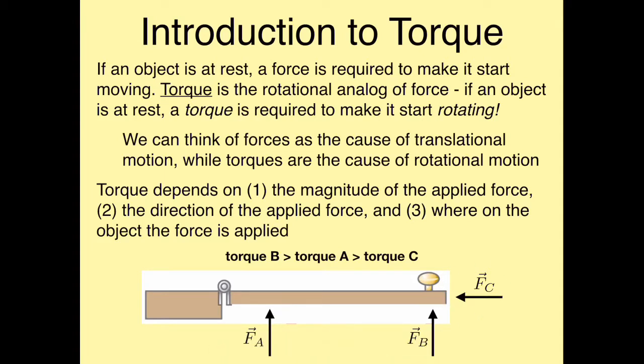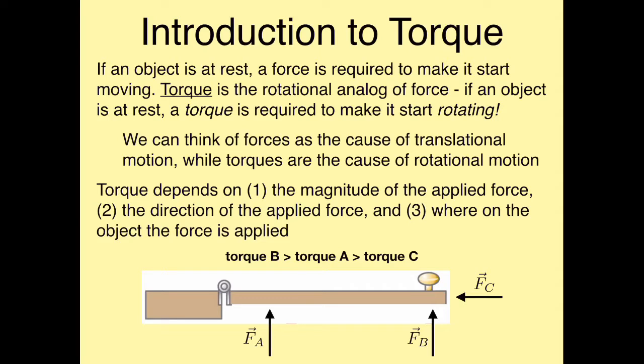In other words, if you push into the hinges of the door like this, it doesn't make the door start rotating at all. So that shows that it's not just about how hard you're pushing on the door, the magnitude of the force, that certainly matters, but also what direction are you pushing in, right? If we compare Fb and Fc, pushing perpendicular to the surface of the door as opposed to parallel to it with force Fc, those result in two completely different torques, right?